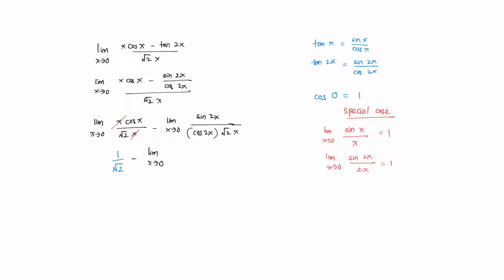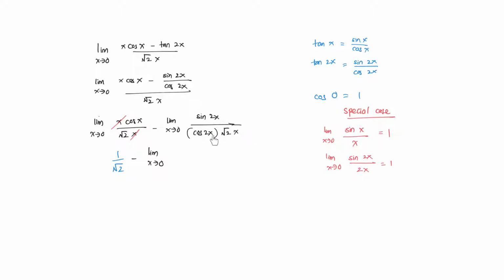Now let's try to turn our equation into the special case of sine. We have everything below our sine 2x as the denominator, and we can leave this x as its denominator and put the rest elsewhere.